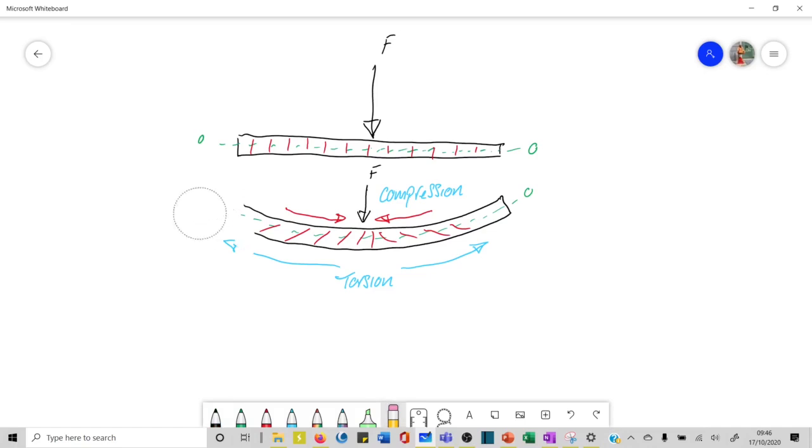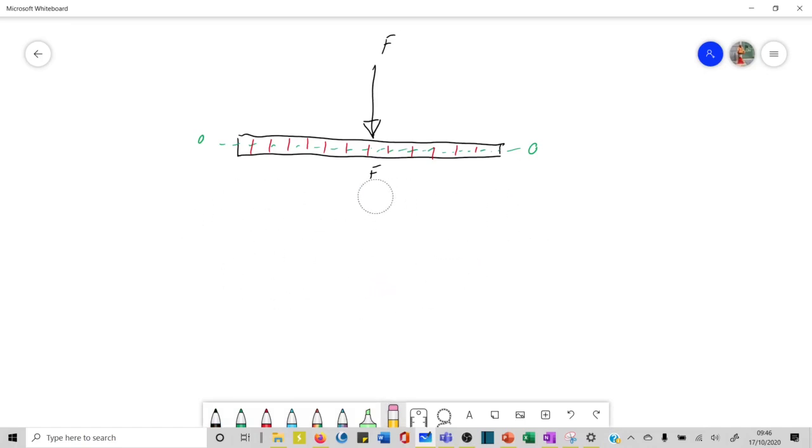Now let's get rid of this and talk about clockwise and anti-clockwise movement. Let's suppose the force in the middle of this beam is acting. What the force actually wants to do is this. It wants to break the beam in half, doesn't it? That's what it actually wants to do. And this is where it could get slightly confusing in terms of the moment.